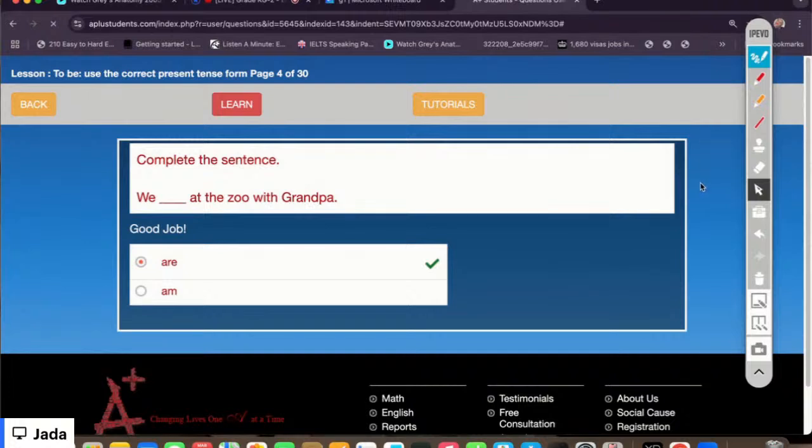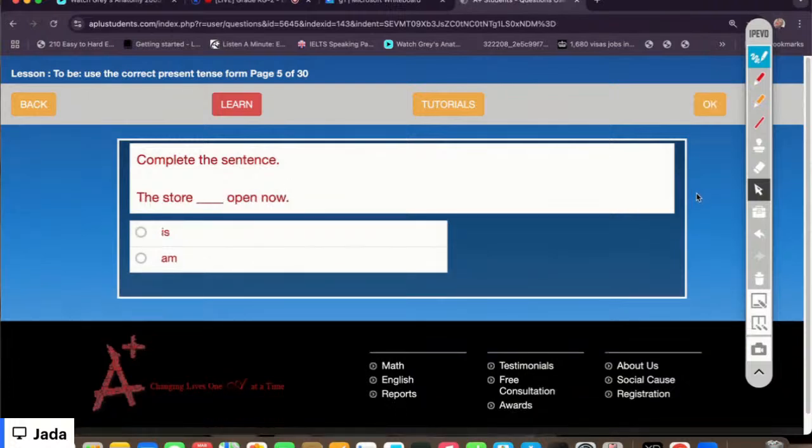So we have the store dash open now. The store is or the store are open now. What do you think here?